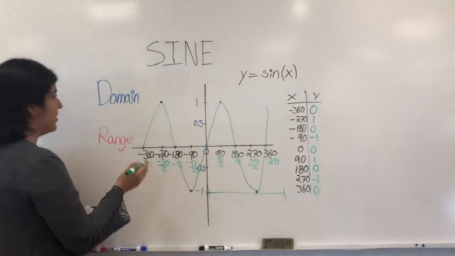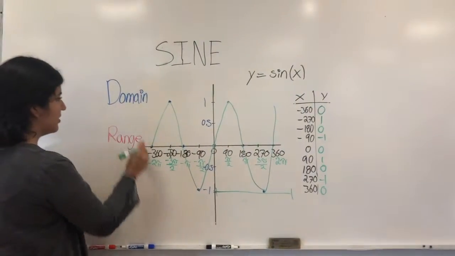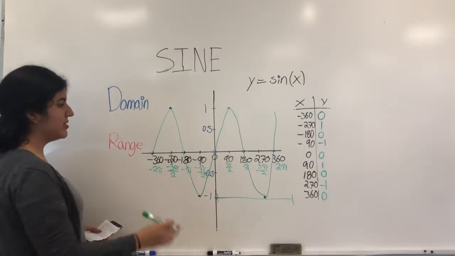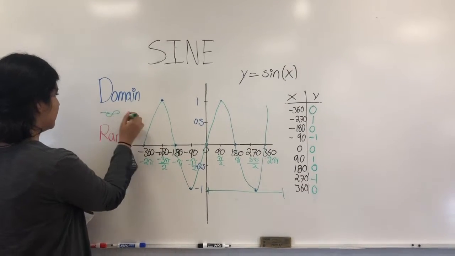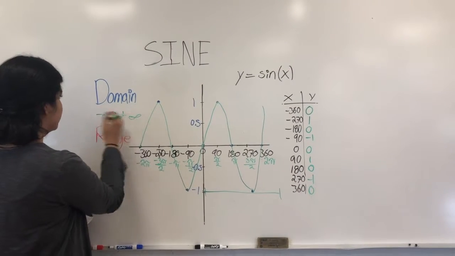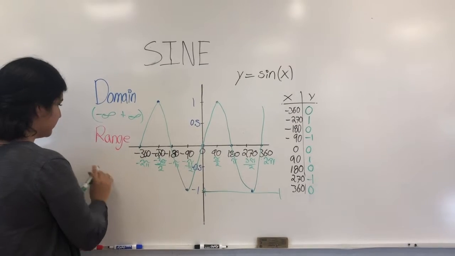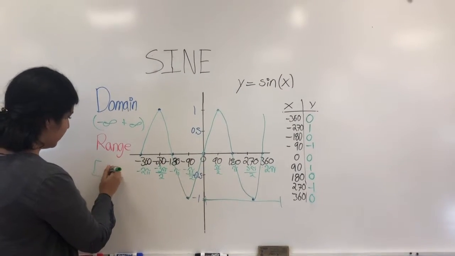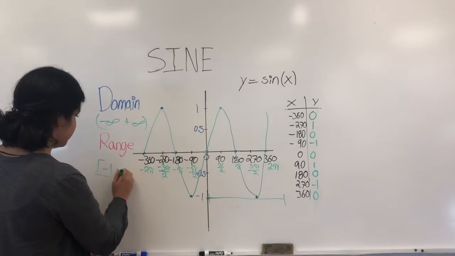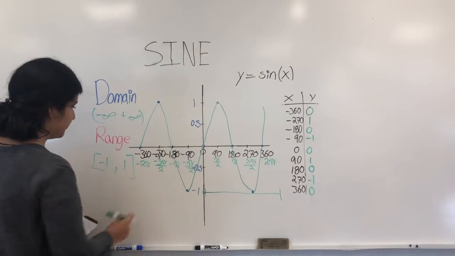Now it has a domain of, remember the domain is on the x-axis, so it's minus infinity to plus infinity, and the range is on the y-axis, and it's -1 to 1.